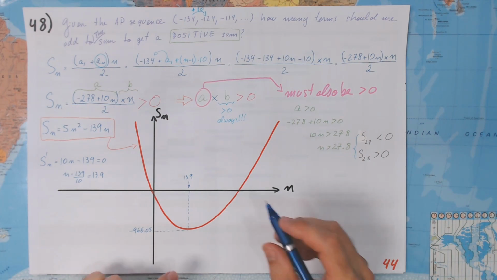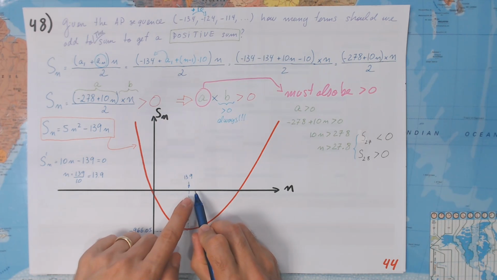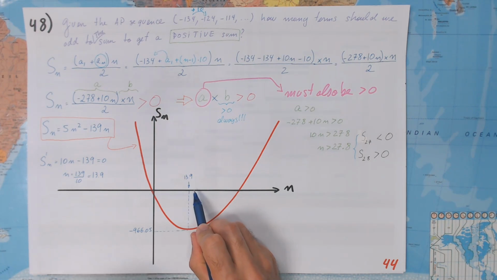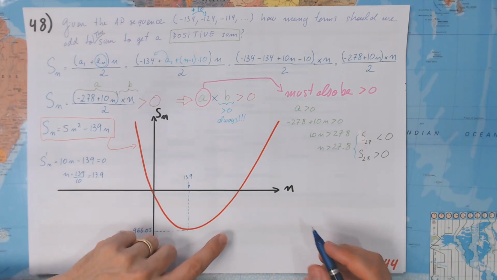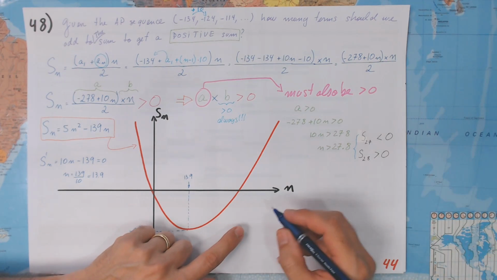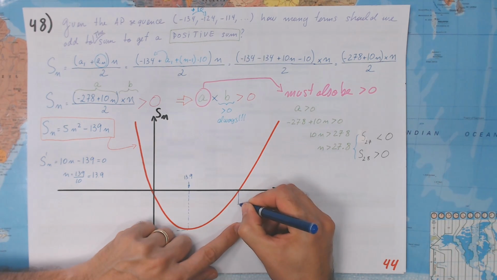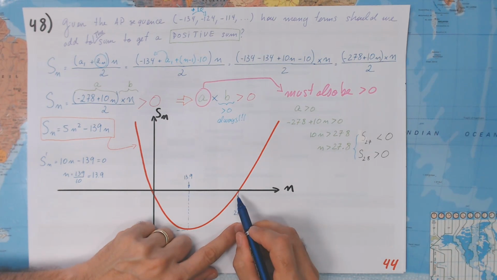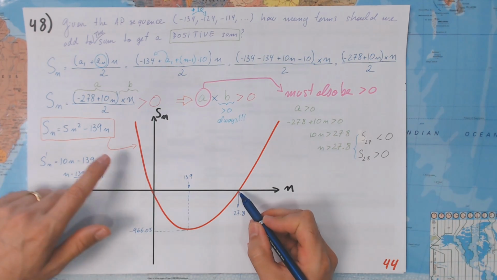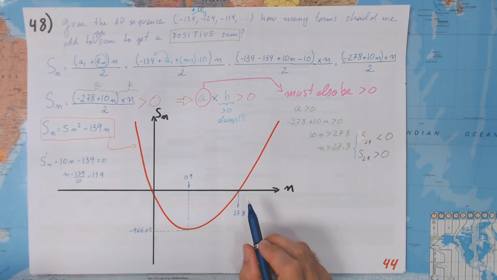Well, because after the term number 14 we are going to start to have positive values in our sequence, okay? And what I just wanted to follow is this. This is the most important part, okay? This is going to be our 27.8, okay? N equals this, we have exactly 0.